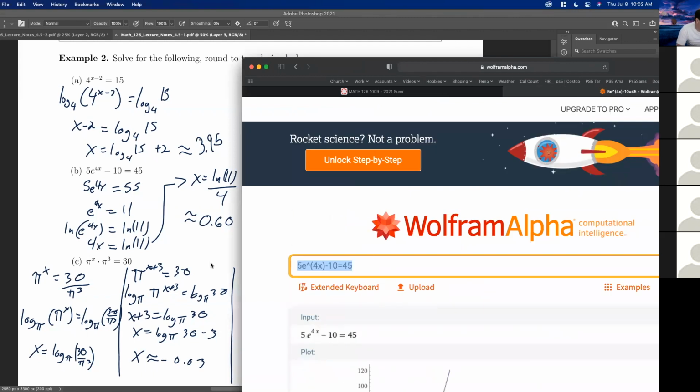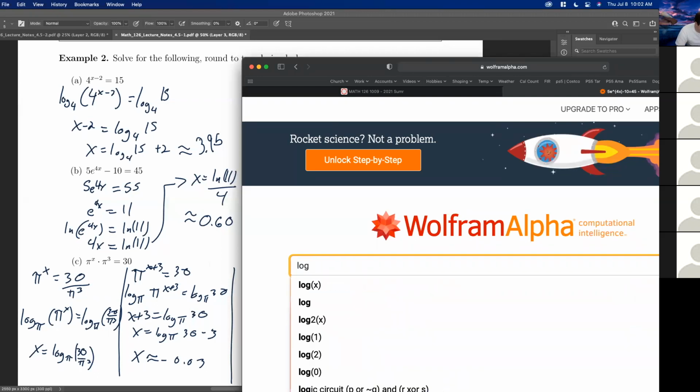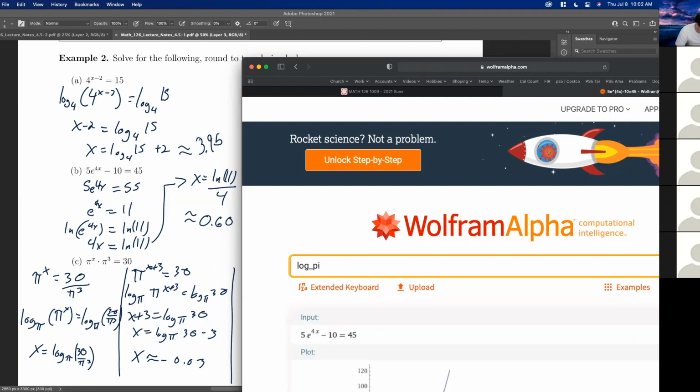All right, so the one we have here is log base pi of 30 divided by pi cubed. See if that does what I want it to do.